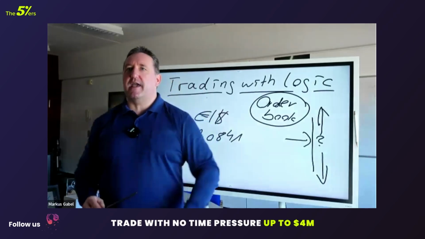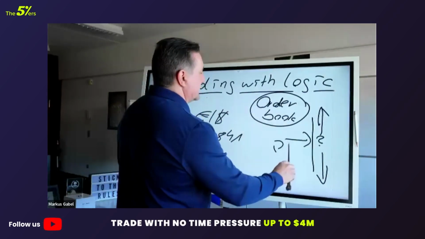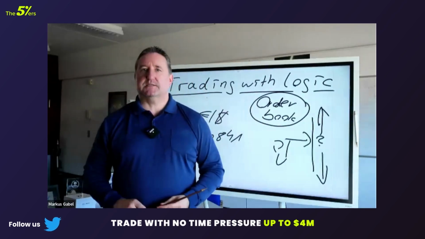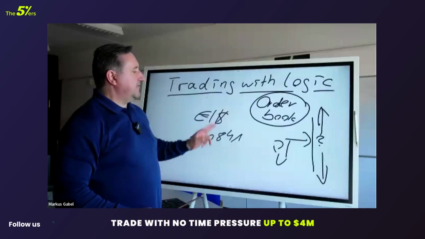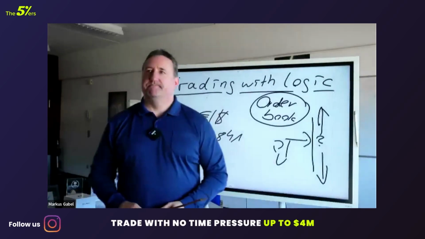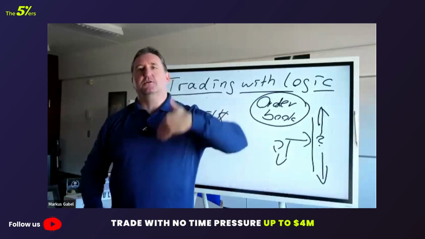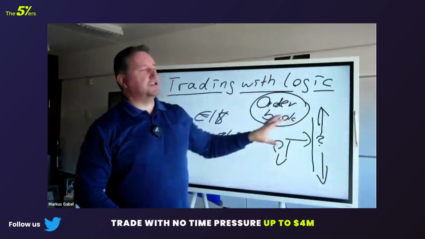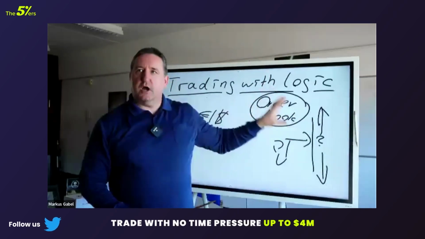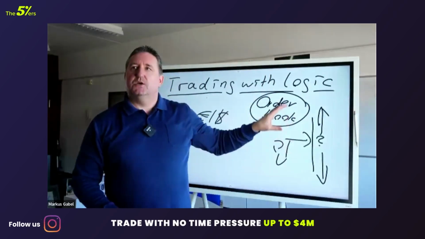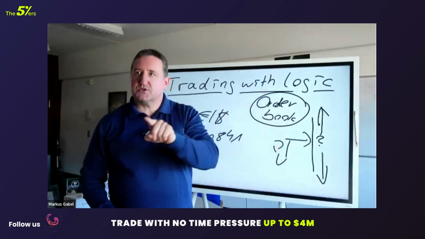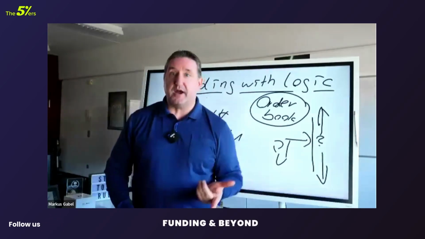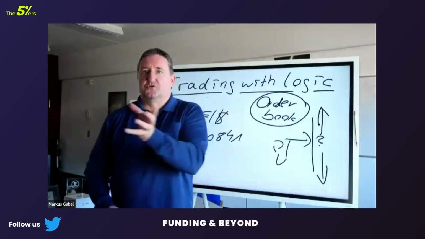So what do you send there? You send the price and, shortcut V, for volume, because you are the one who says, I want to buy at 108.41 with two lots. Those two numbers, push the button, enter, and send it to Sol, for example, at the 5ers. And what is the job of the order book? The job of the order book is to keep buyers and sellers in balance, to bring the best price up from buyers to sellers.